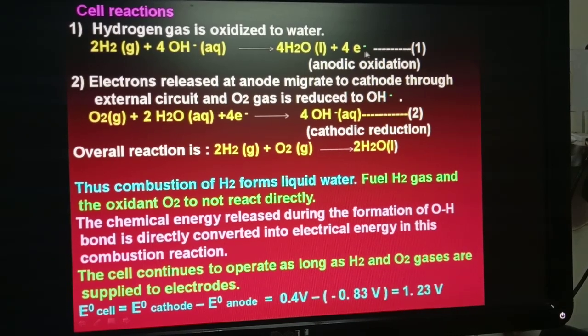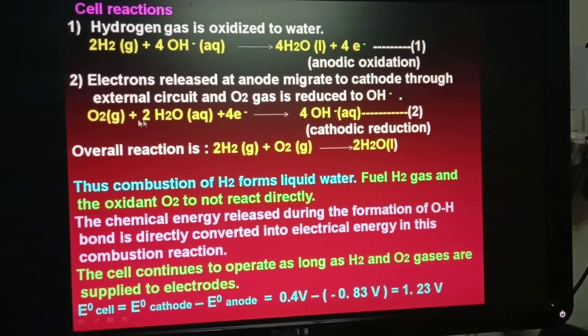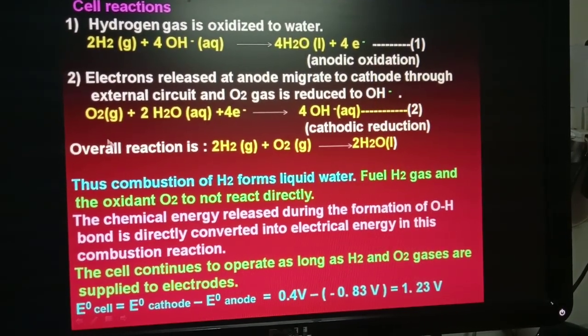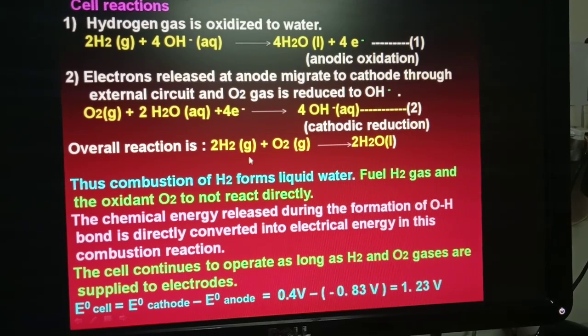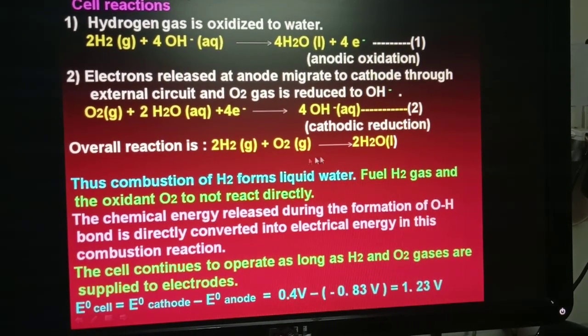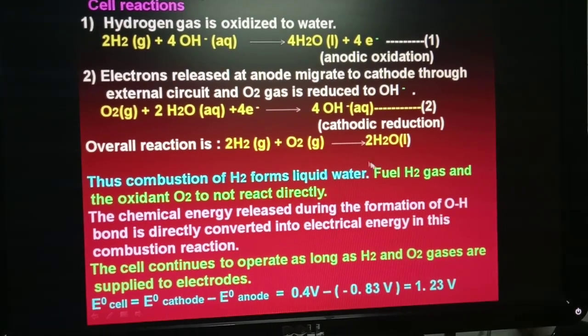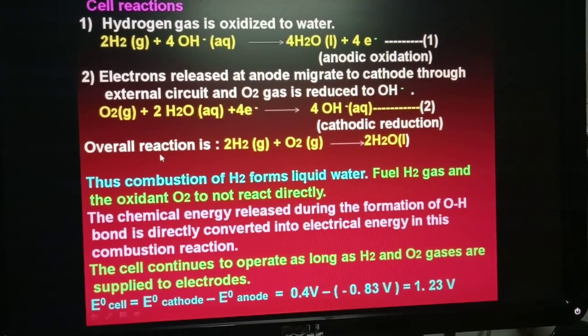Let us consider the first reaction as equation 1 and the second one, that is cathodic reduction, as equation 2. So combining 1 and 2, we get the overall reaction, that is 2 H2 gas plus O2 gas gives 2 H2O liquid. So combustion of H2 forms liquid water here.